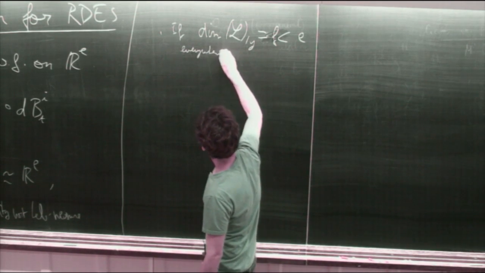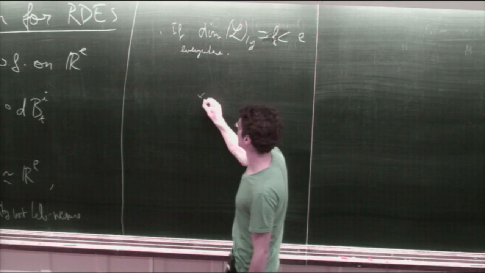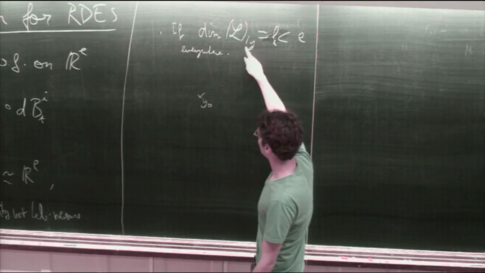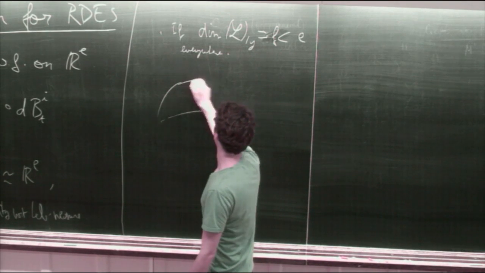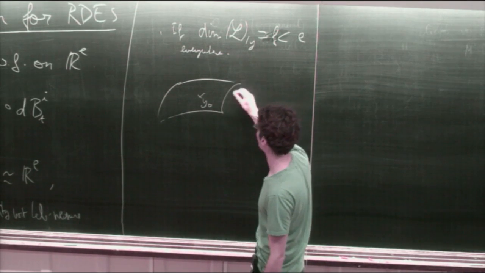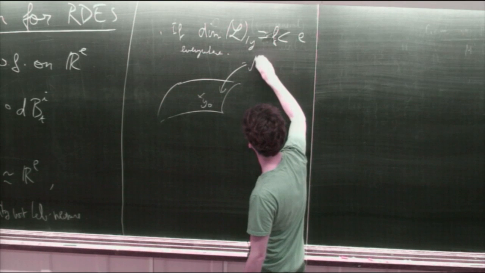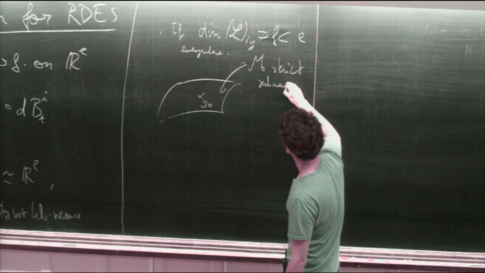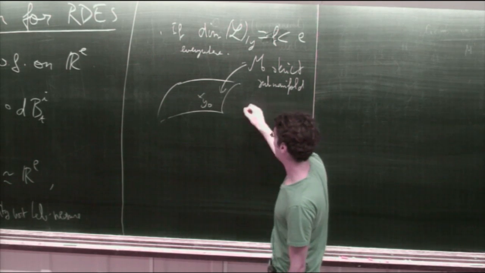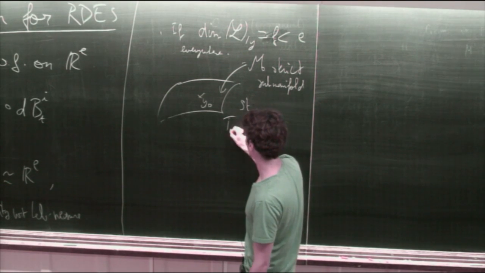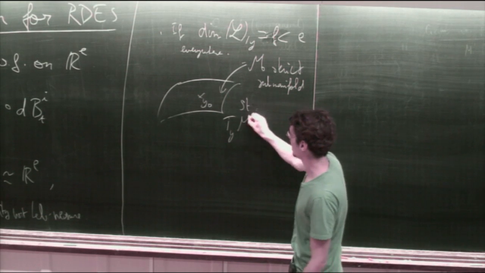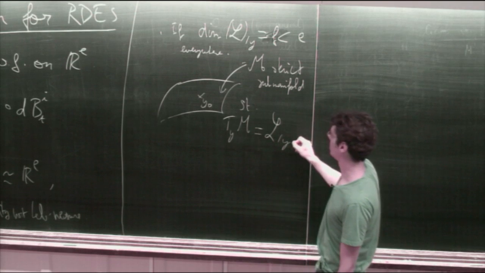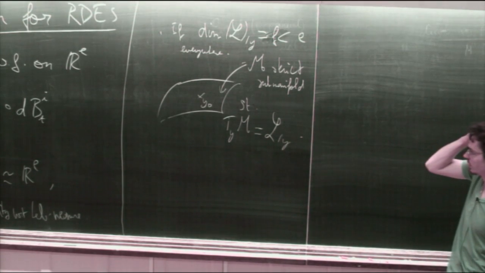Then you look at this point y0 in your space R^e, and at least locally around y0, you can have a strict submanifold M such that its tangent space is given by the Lie algebra at each point. It's a classical result.